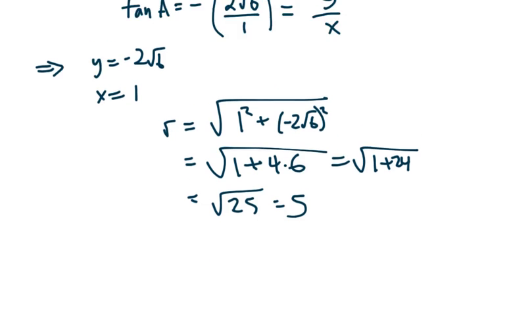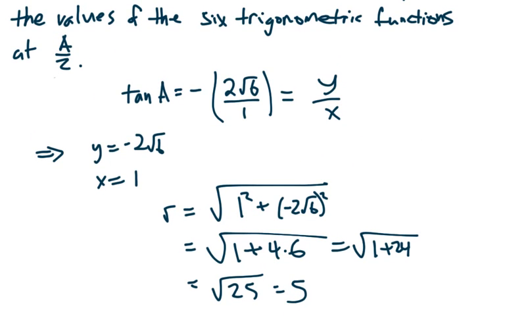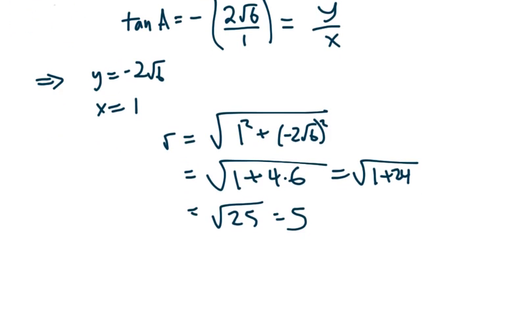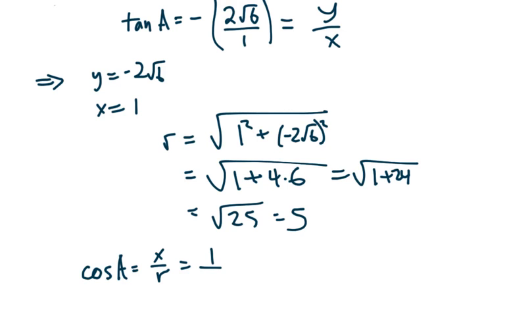So we used the definition of tangent being y over x, and the definition of cosine as x over r, to find out what cosine is. Cosine of a is x over r. And that's pretty nice.